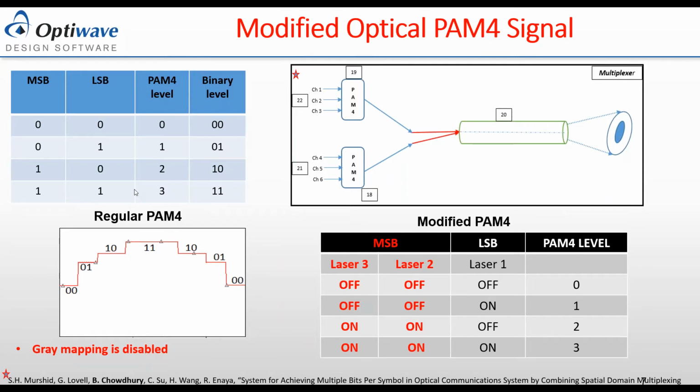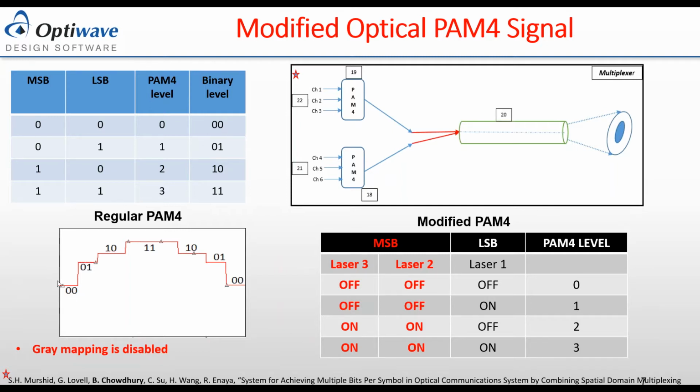So when both the least significant bit LSB and the most significant bit MSB are 0, the PAM4 level when combined together, the output would be 0. And my binary level 0, 0 will represent a 0 output, as shown on the left hand of the regular PAM4 signal, that 0, 0 level over there.